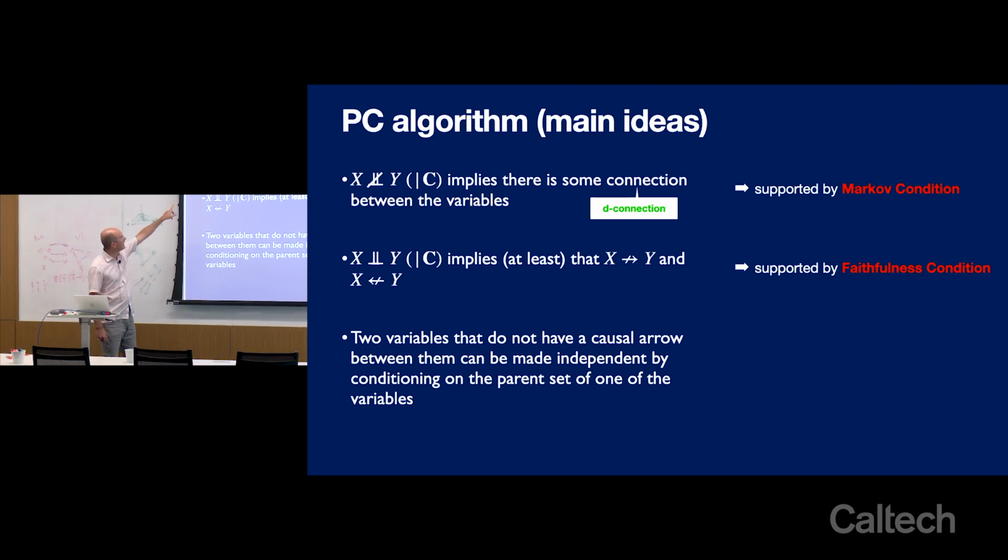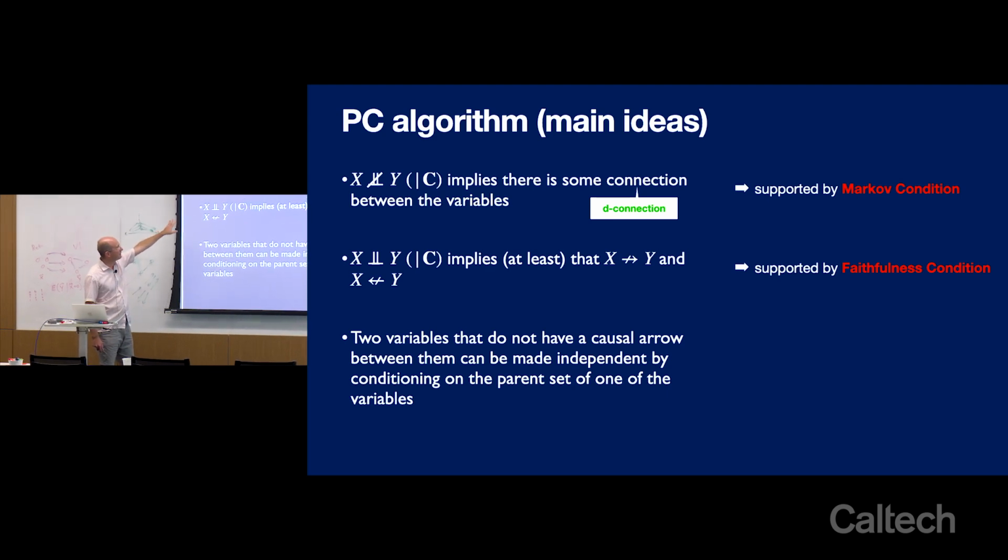And this idea that if you see a dependence between variables, then that implies a d-connection, is supported by what is known as the Markov condition. So the Markov condition basically says that if we have a probabilistic dependence in our data, then we're going to have a d-connection in our graph. So one way, a simple version of how to think about this is to say the following.